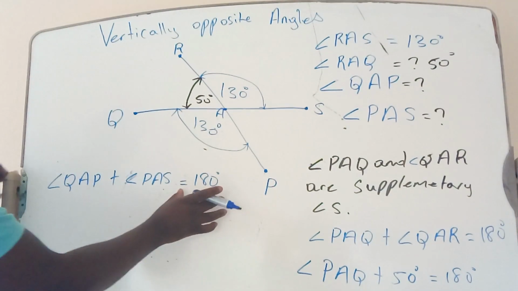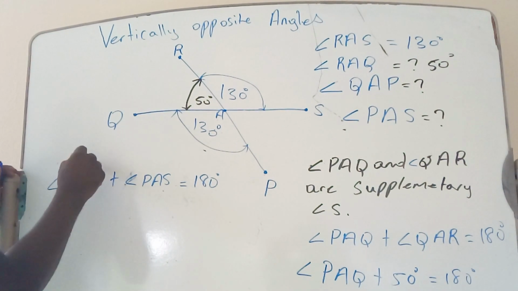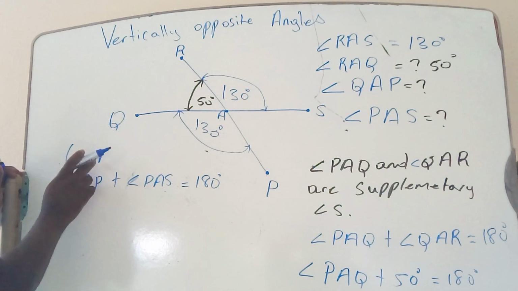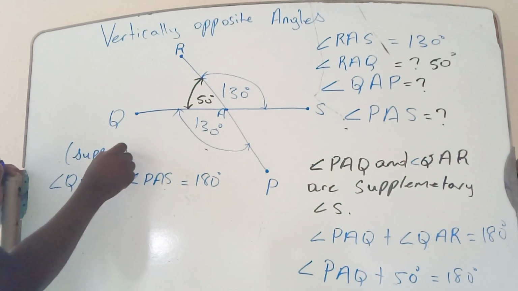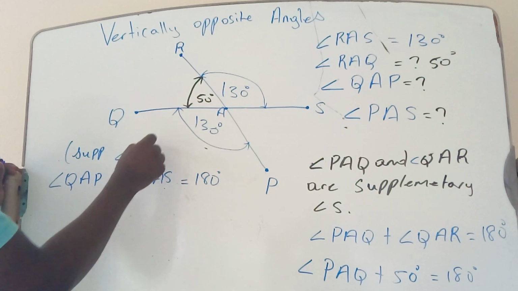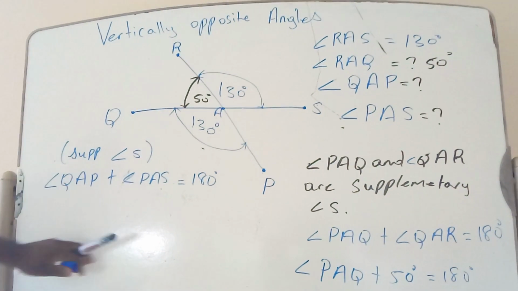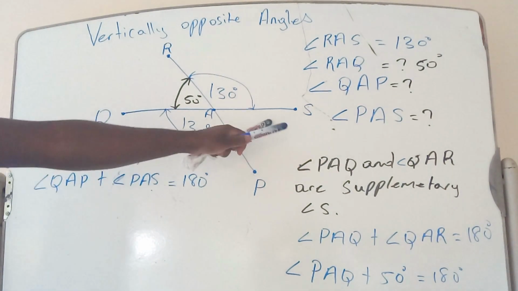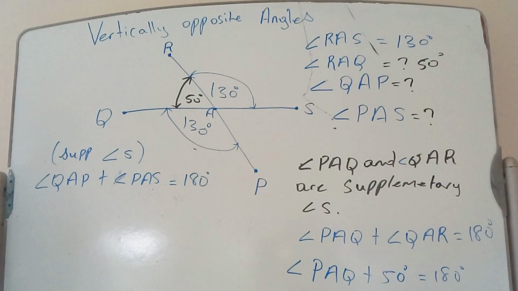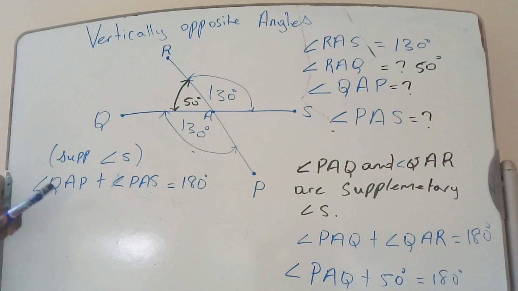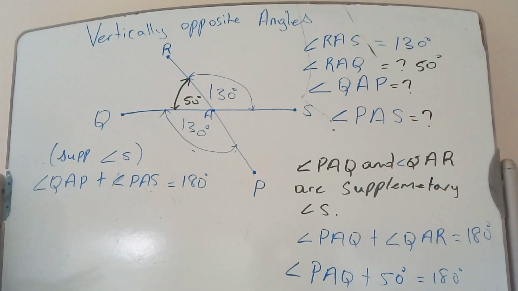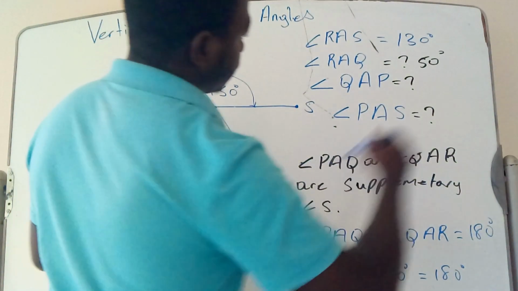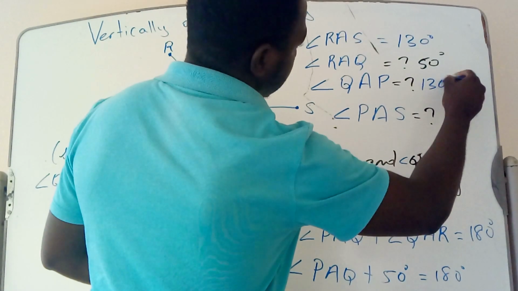And the reason for this is that these two angles are supplementary angles, SUPP for short. So that's how we know that these two angles sum to 180, or they lie on a straight line. Now, do we know the value of angle QAP? Yes, we do. This is QAP, which is 130 degrees.